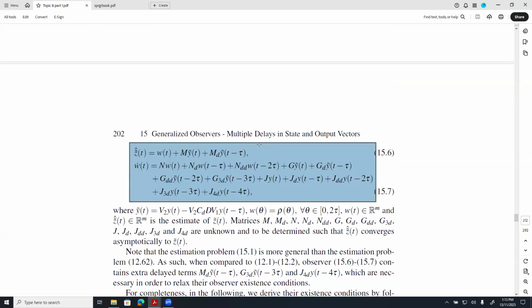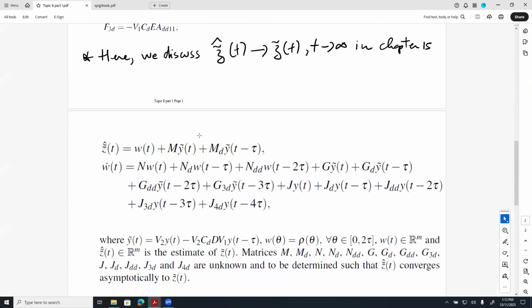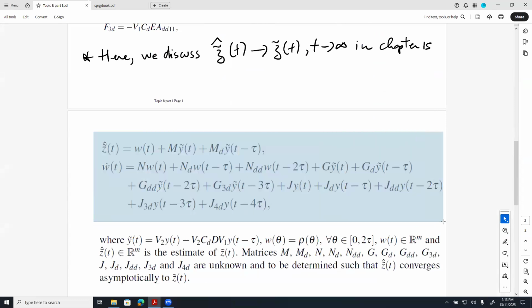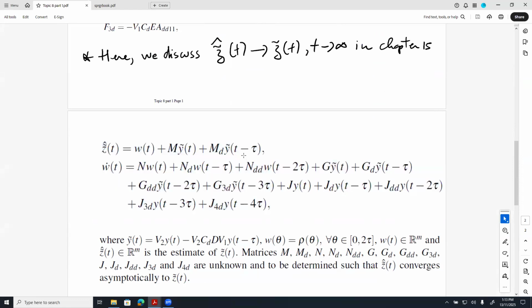When we look at this observer structure, we see that, wow, now it contains multiple delays, as well as the internal delay. So we not only have an observer with an internal delay, but with multiple internal delays.